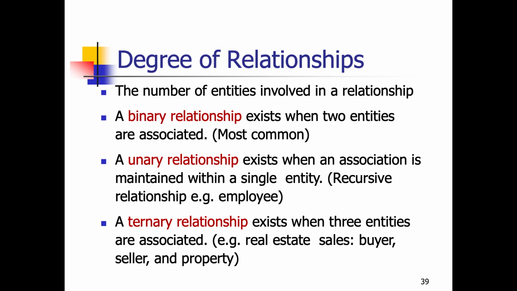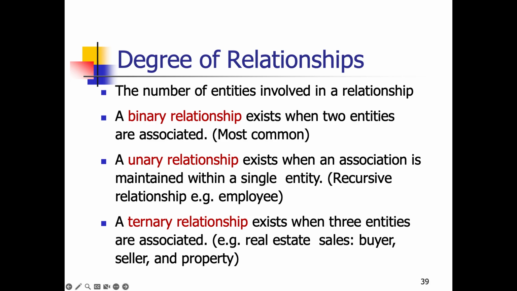Subordinates are supervised or managed by employees, so you're showing the relationship of the employee with itself, for example, managed by. And a ternary relationship is when three entities are associated.